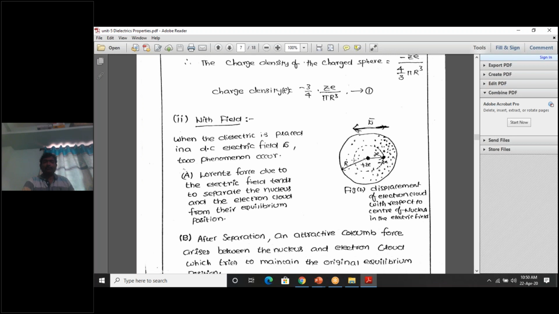This plus Ze goes to the more left side, this minus Ze goes to the more right side, which means the distance between the charges clearly increases.